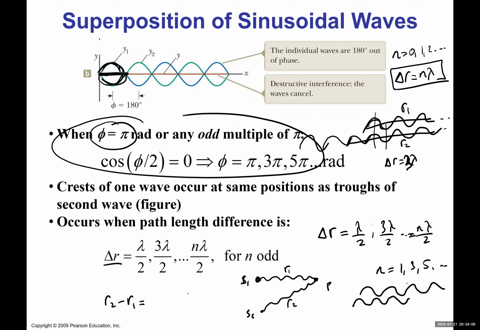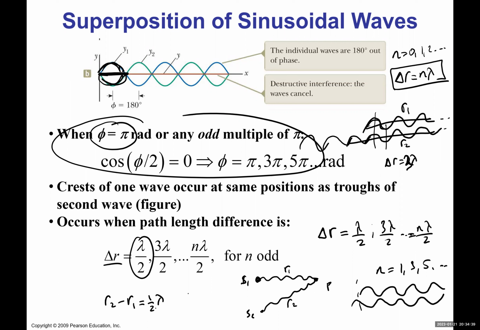Just by shifting exactly half a wavelength, I get something like this. Okay, so you can see, right? And when n is 1, basically the first time you get this, you get exactly half a wavelength difference between them. And then I can shift 1.5 wavelengths or have a 2.5 wavelength difference, and so on and so forth.